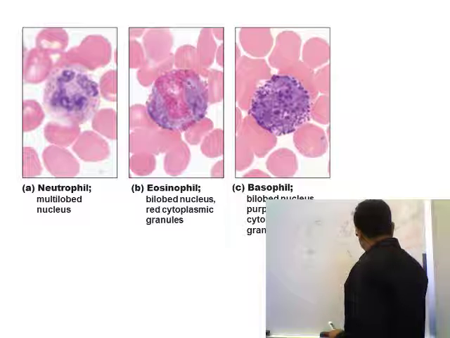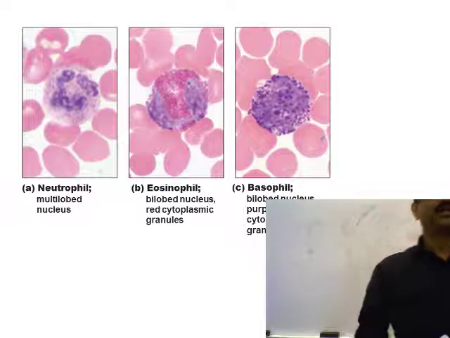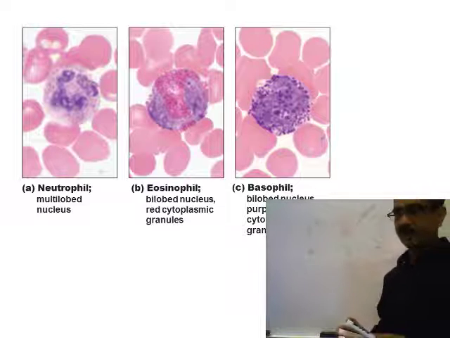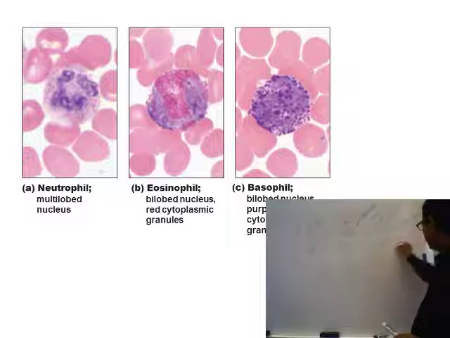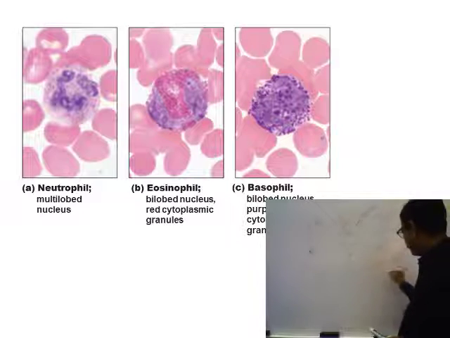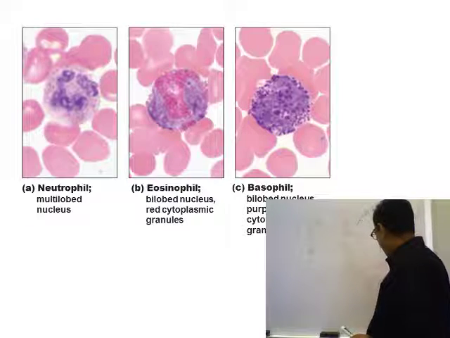It prevents the blood clot formation. Natural anticoagulant. Make sense? And histamine is a chemical that is more related to inflammation. Inflammatory action. So those two important chemicals are produced by basophils.